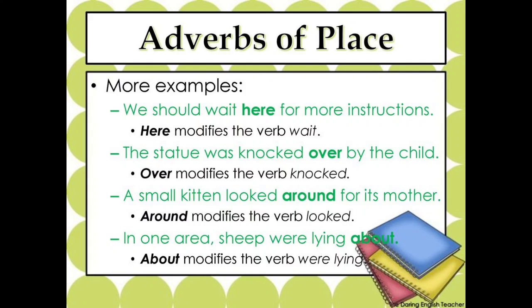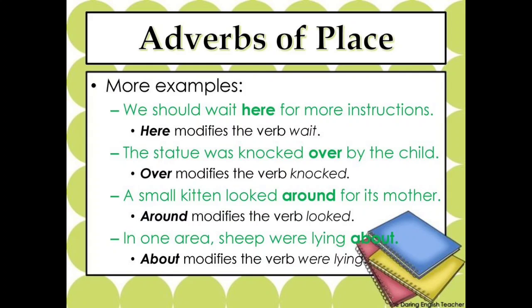So here around is the adverb of place that modifies the verb lying. So adverbs of place are the words that show the question where, and they modify the verb in the sentence. So that's all from adverb of place, children.